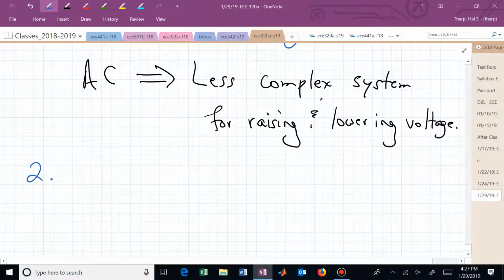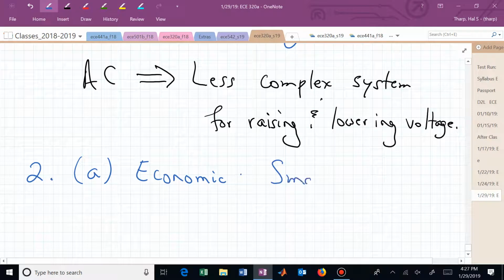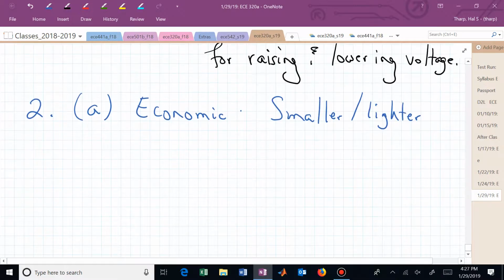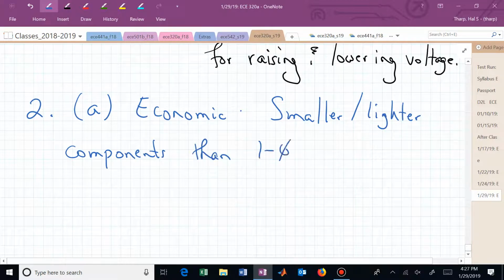That's one reason. Another reason, maybe more significant, is dollars, economics, for using three-phase power. With three-phase power, we can use smaller and or lighter components than if we did everything with a single-phase system or network.